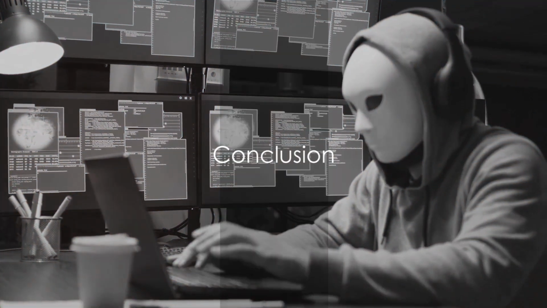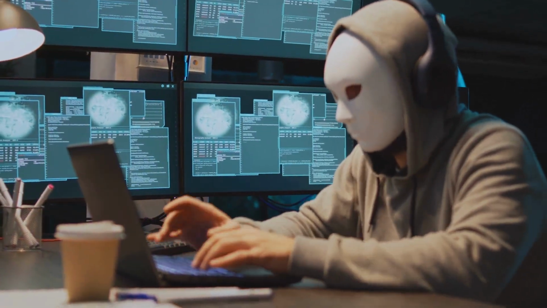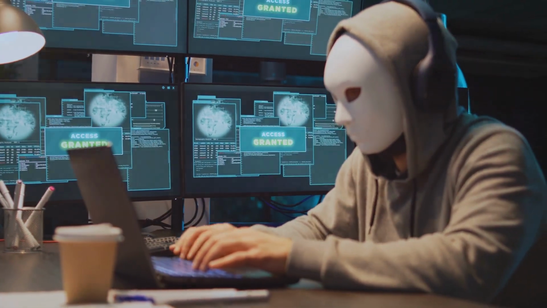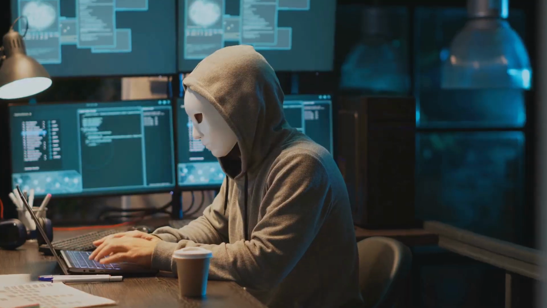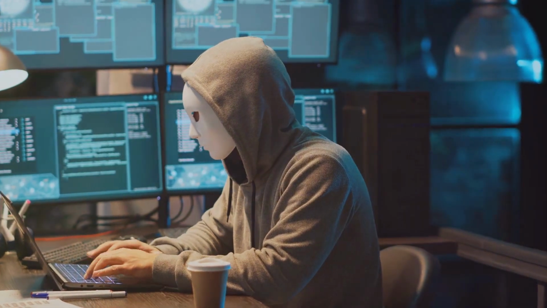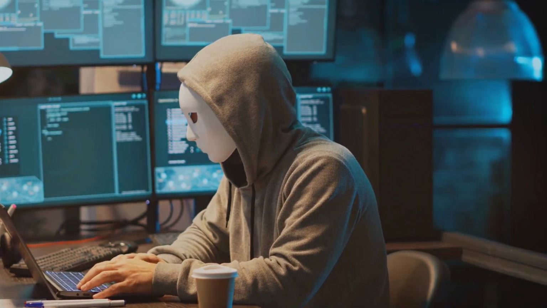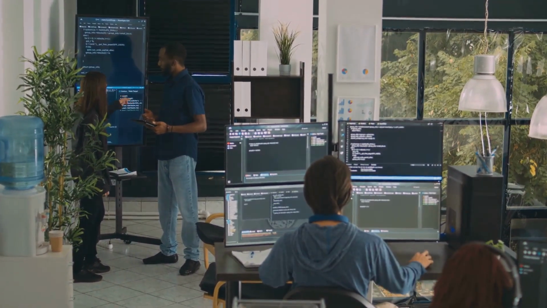AI adversarial attacks pose significant threats, but they are not undefeatable. From the subtle manipulation of injection and poisoning attacks, the stealthy compromise of infection and evasion attacks, to the outright disruption of extraction and DOS attacks, these challenges are real.